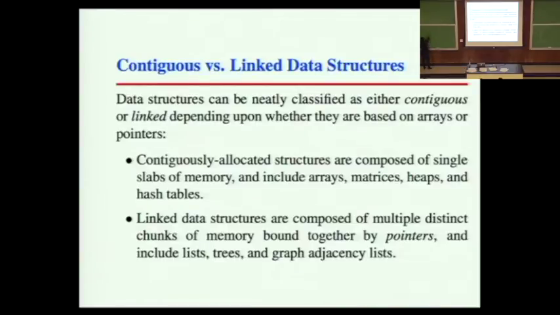An array would be where you take all the chunks here, all the memory here, and you store it one after the other. And a linked list would be where you come up with different chunks all over the memory, and you store the location of what the next chunk is. This is called a pointer. So you have different pieces, they could be anywhere, and the only way they're connected is through these pointers.